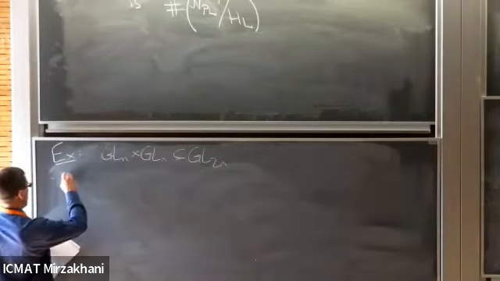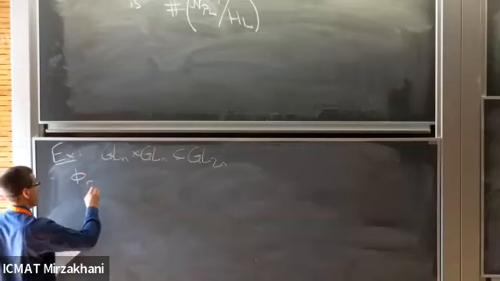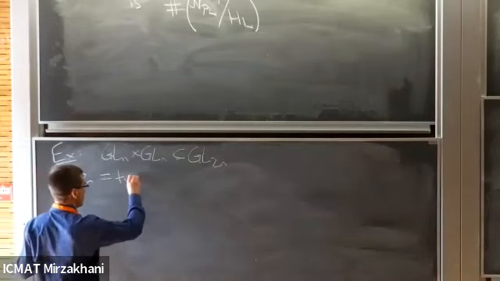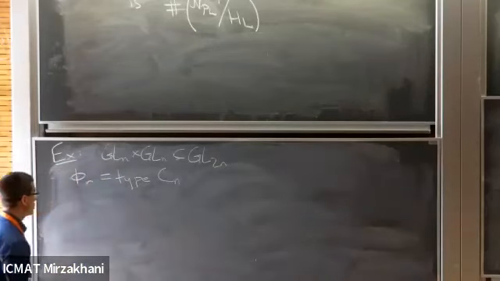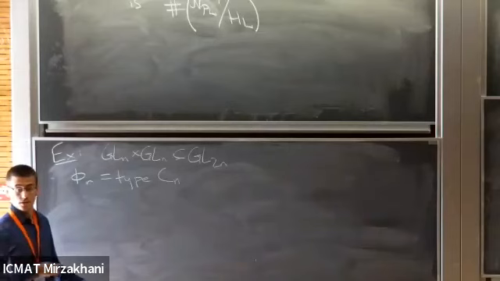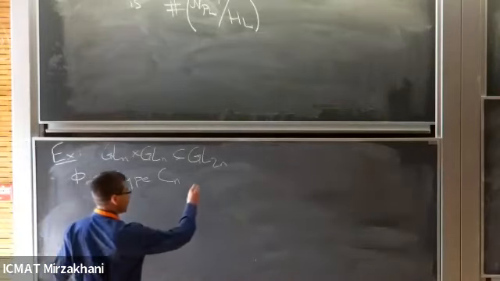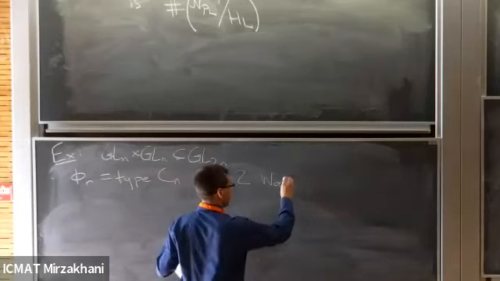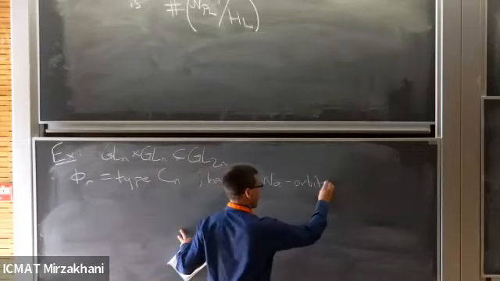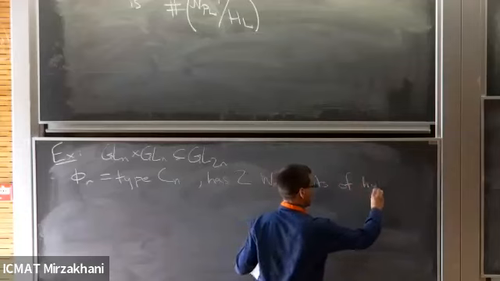So in this case, the root system that you get by R is type Cn. It's going to have two different WA orbits of root hyperplanes.